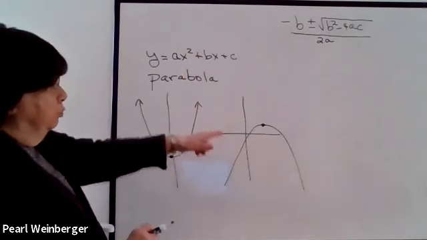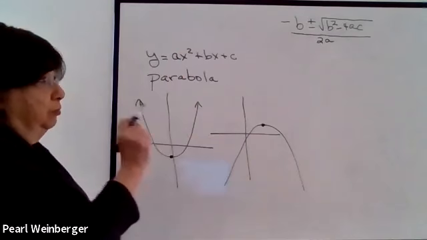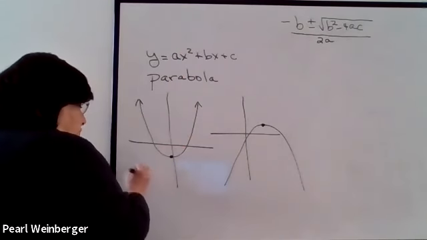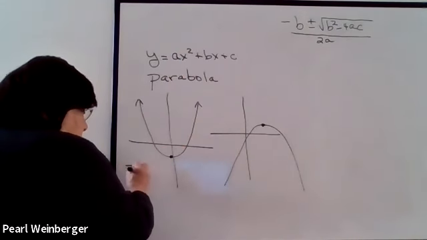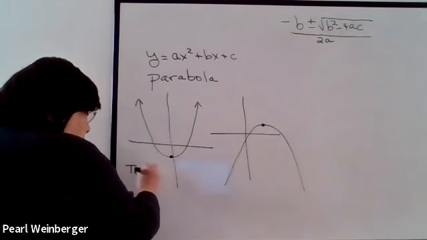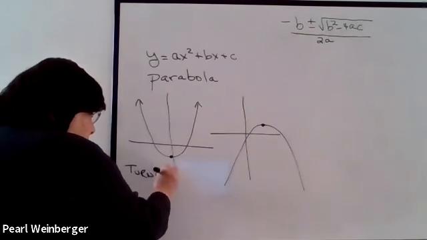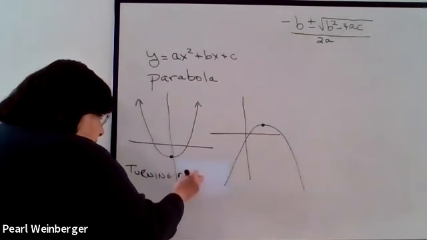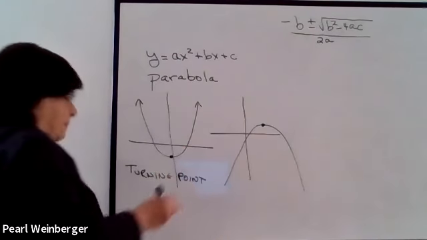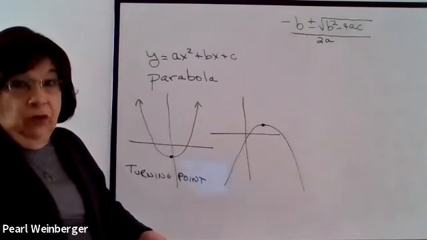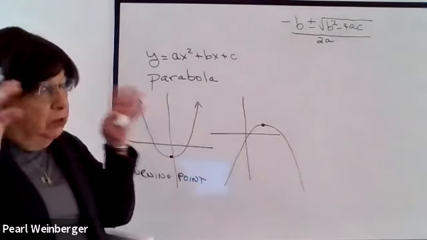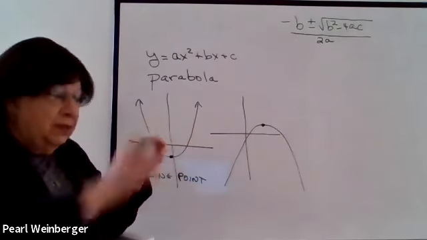We call this point, it has a few different names. One name for it is a turning point. Well, it's obvious why we're calling it a turning point, because it's basically where the graph is turning around. Notice we don't have a straight line now. We have something that's curvy.